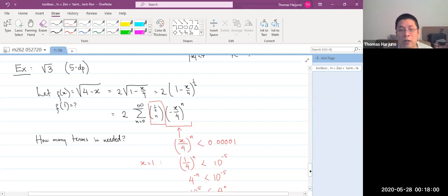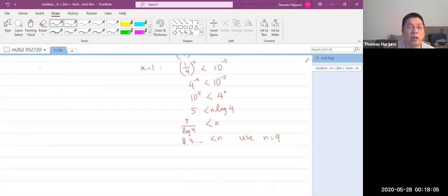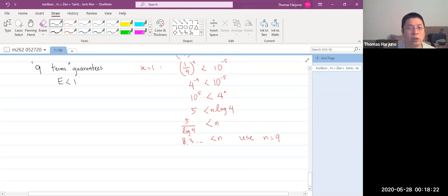Now then, 9 terms guaranteed the error to be less than 10 to the -5.